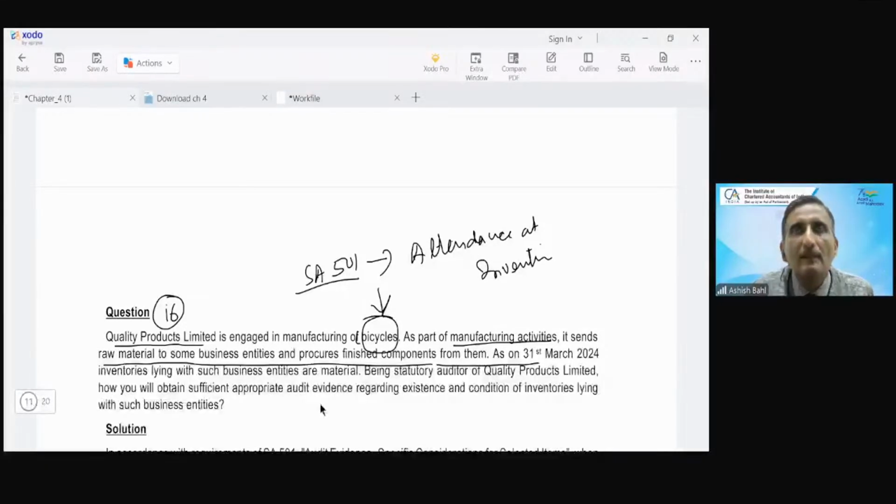Say some stocks as at year end are lying with these business entities. Now, whose stock is this? Tell me. This stock belongs to the company whose financial statements you are auditing, because this is the property of the company but lying at a different location.